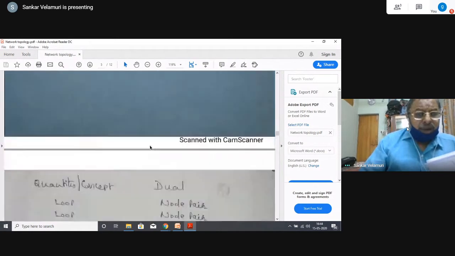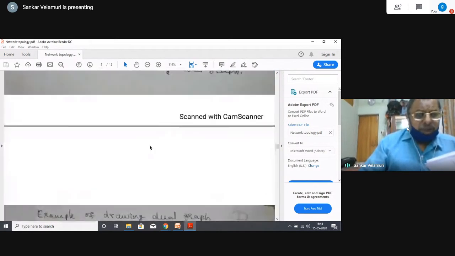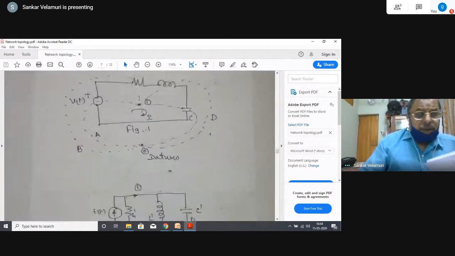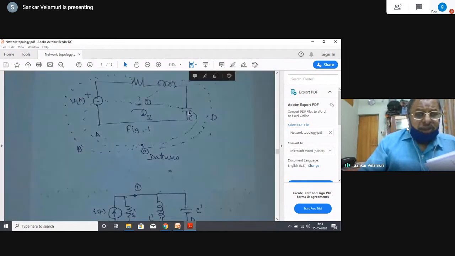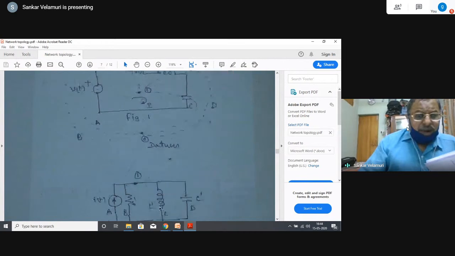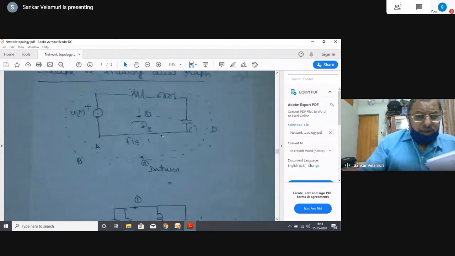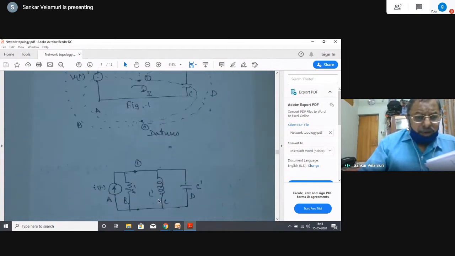So I don't want to take much time on this. C gets transformed as a dual element to L, and L gets transformed to C. Maybe I have not written in that order, but I have named and numbered them correctly. This capacitance C gets transformed to L dash, and L gets transformed to C dash. So this C dash is not the capacitance.